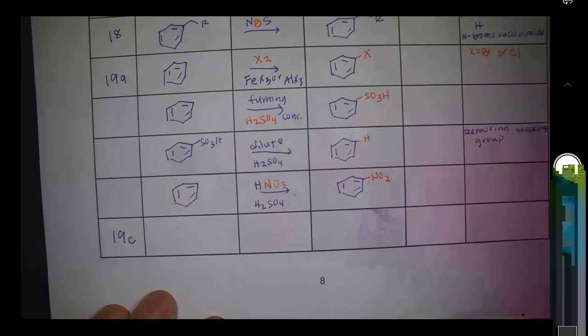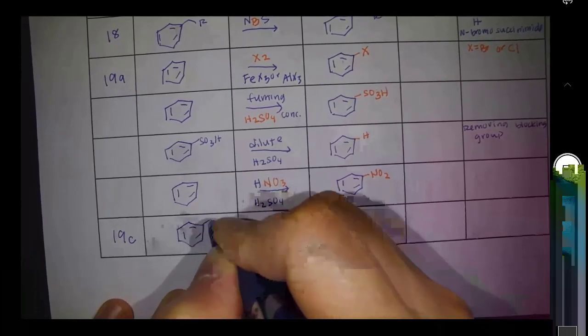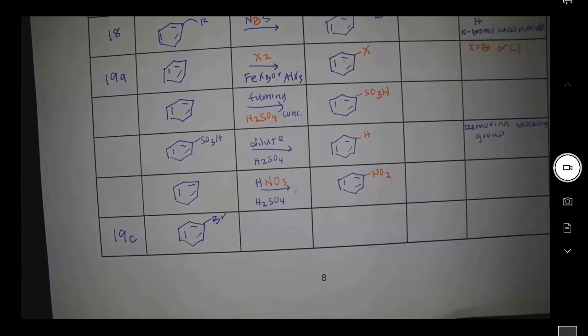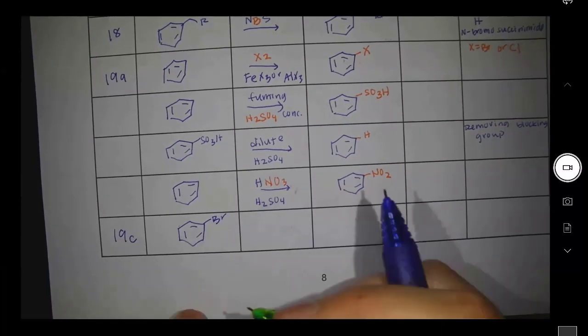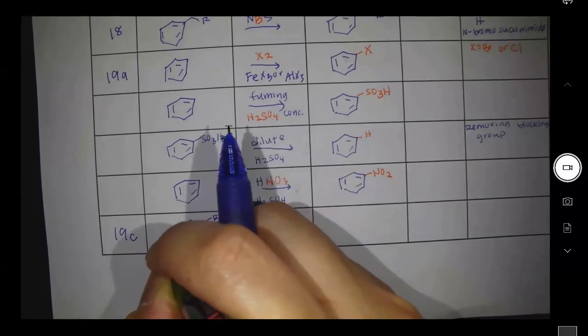And this is a reaction for if you have a bromine present. So the bromine is needed. And you also need an electron withdrawing group, either ortho or para to that bromine.